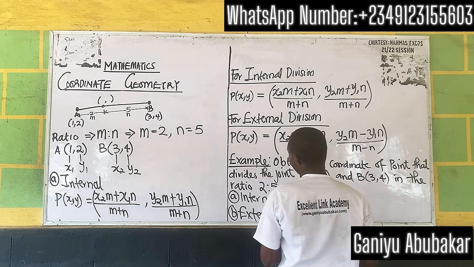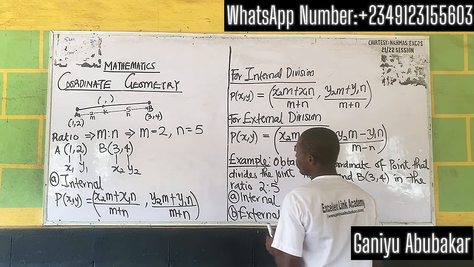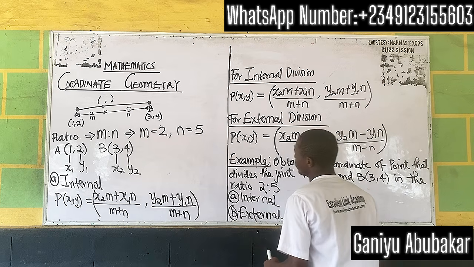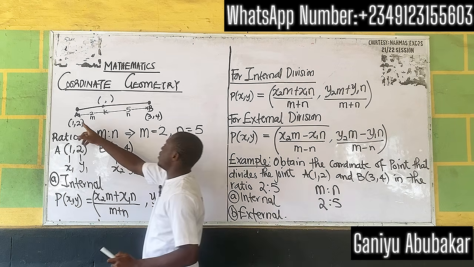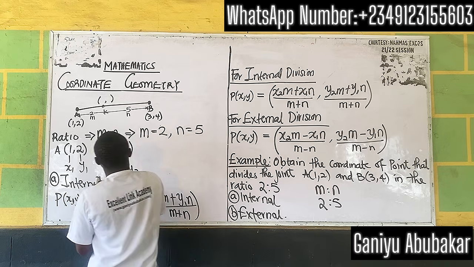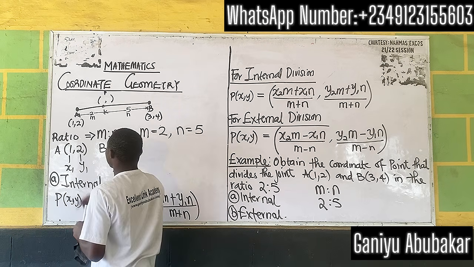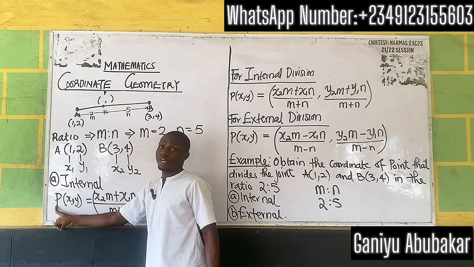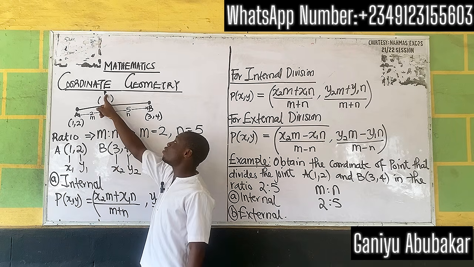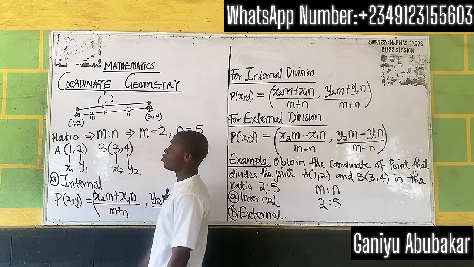Let's put in values and find the coordinate of point P. Here is point A, point B, and I can call the new point anything. Let me just call it point P. If I call it point Q, I have to put Q here. If I call it point R, I have to put R here. Whichever thing you want to call it, you're free.